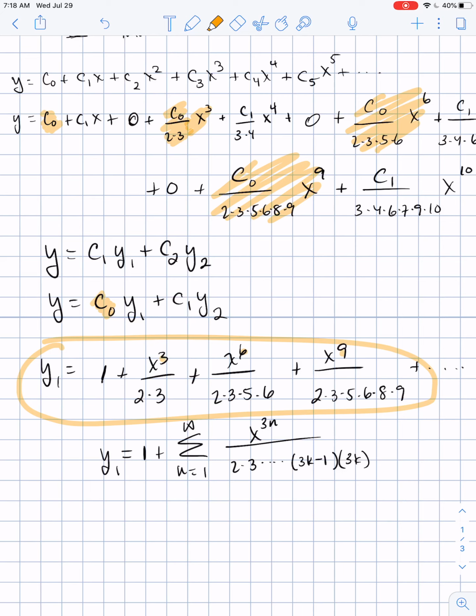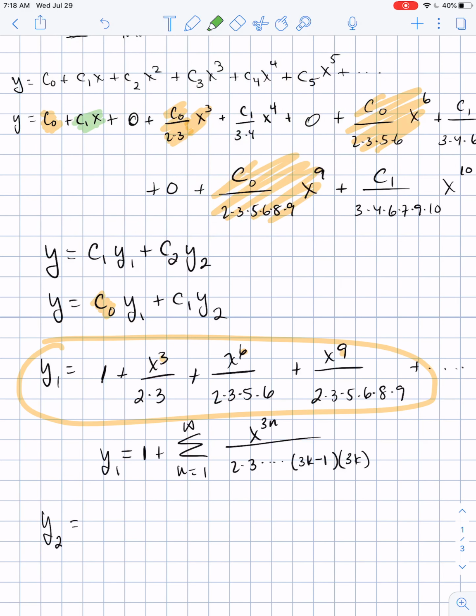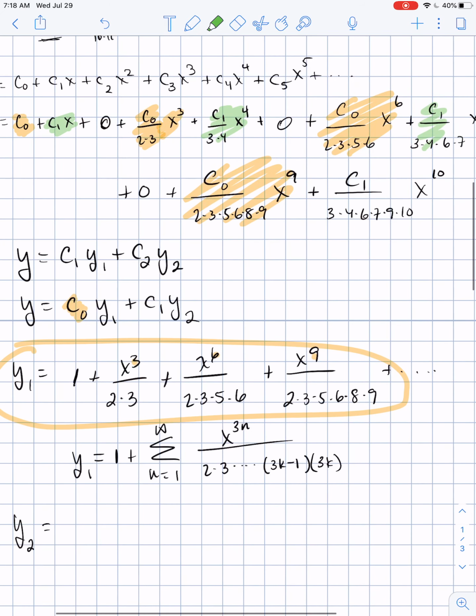Now, for y2, it's done the same way. So if I'm doing y2, let's do a different color. You can see all the C sub 1 terms are going to be what you're using there.